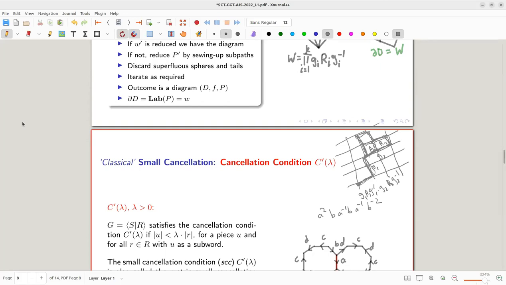Now you observe that I had g1 inverse while coming back from the first one, and then I have g2, where g2 is nothing but g1 a. So there is heavy cancellation here. g1 inverse g1 gets cancelled, and I have only a remaining. And that a is giving me this a.